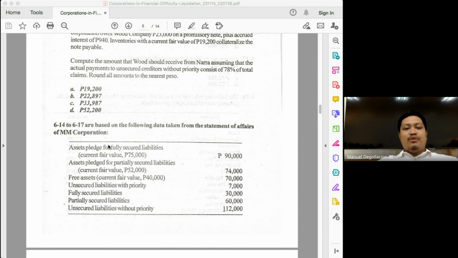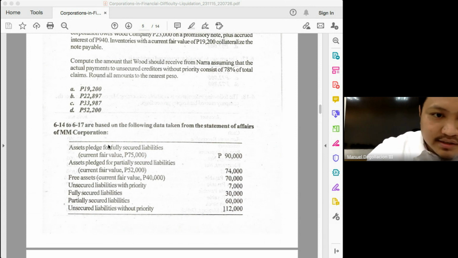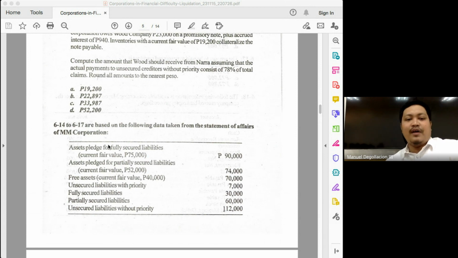What's the first thing we have to remember? Add the excess on fully secured. How much assets do we have that are pledged for fully secured class? 75 or 90? 75. Again, ignore the book value class. Use the fair value. 75. And how much is our fully secured? 30. So do we have an excess in this problem? How much is the excess? And what do we do with the 45?